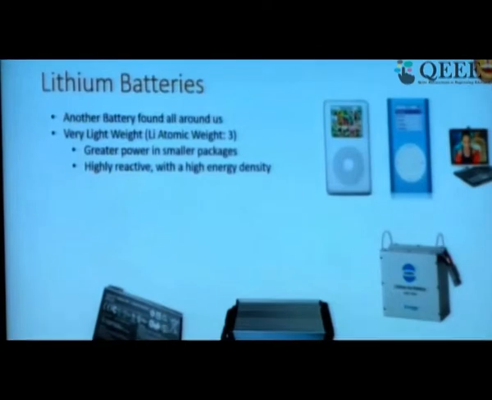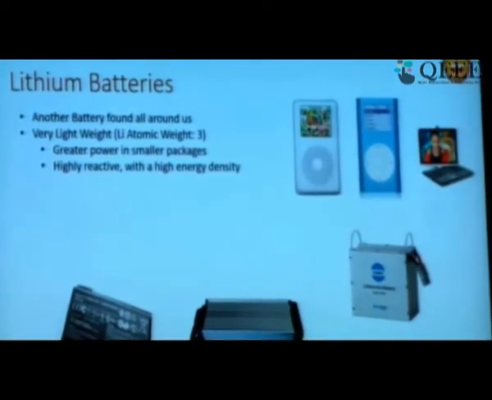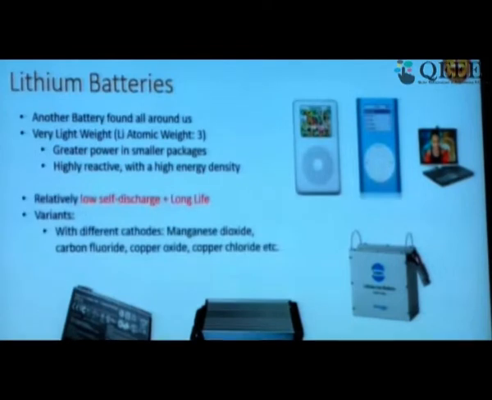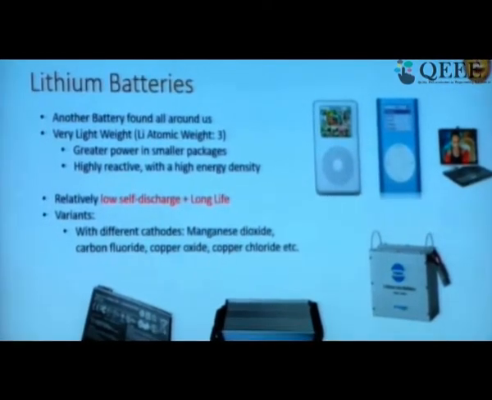Lithium batteries are another battery found around us: very lightweight, much larger capacity, greater power in smaller packets, relatively low self-discharge, long life, and there are variants like lithium ion.